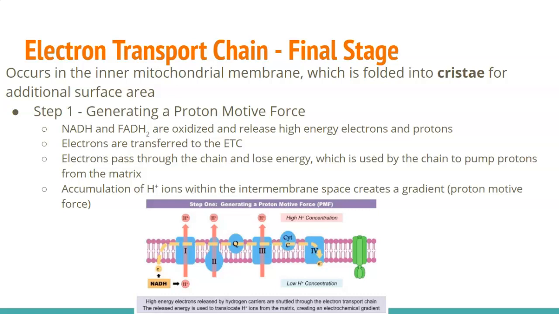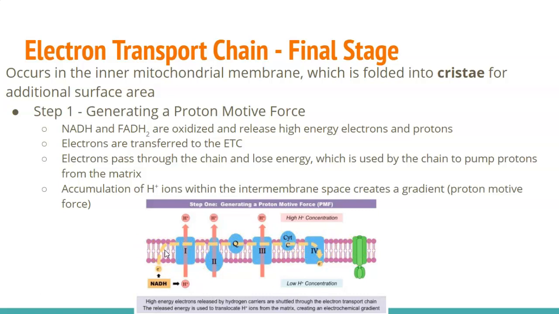So step 1 is generating a proton motive force. What happens is NADH and FADH2 are oxidized. When they're oxidized, they release both an electron and a proton or hydrogen ion. Those electrons go into this electron transport chain, which is this purple thing.